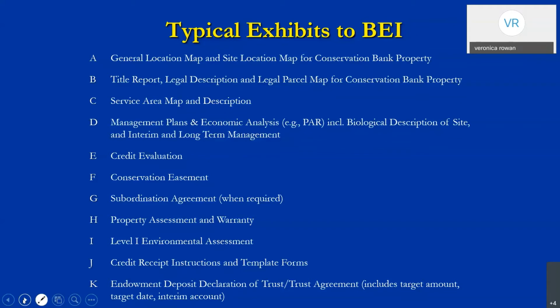So if for some reason the mortgage company has to foreclose on the property because the mortgage wasn't paid, that means they can't just extinguish the conservation easement, because that conservation easement is there for the long term. We expect it to be there for the long-term mitigation of those impacts that happened on the other side.